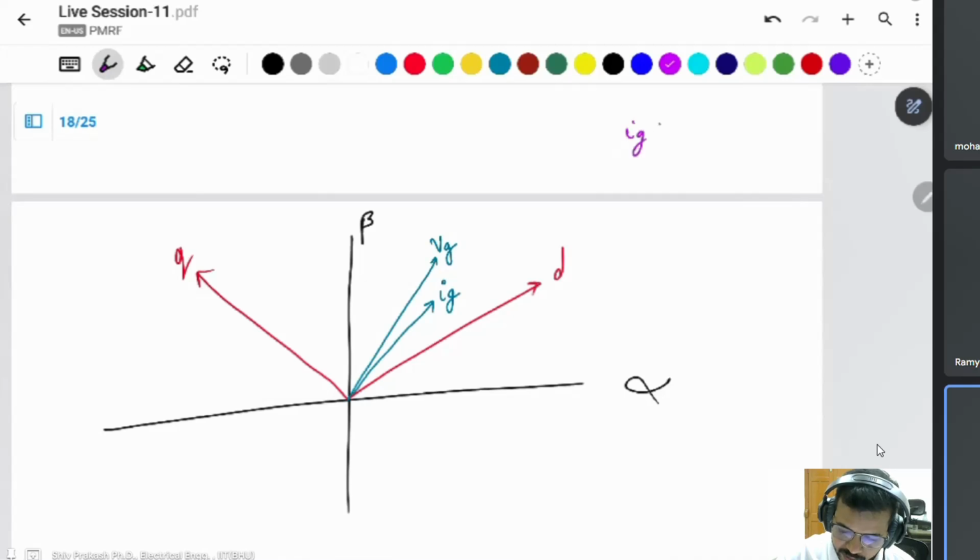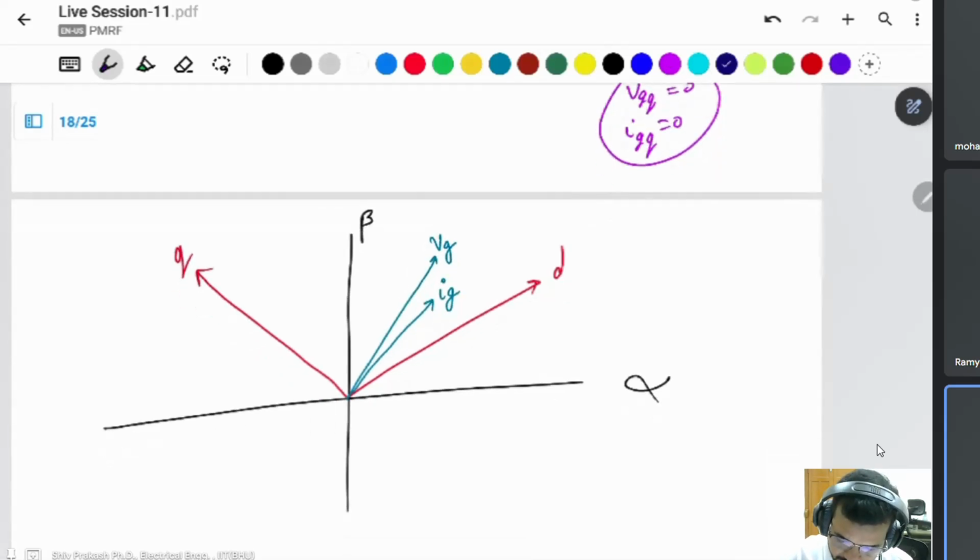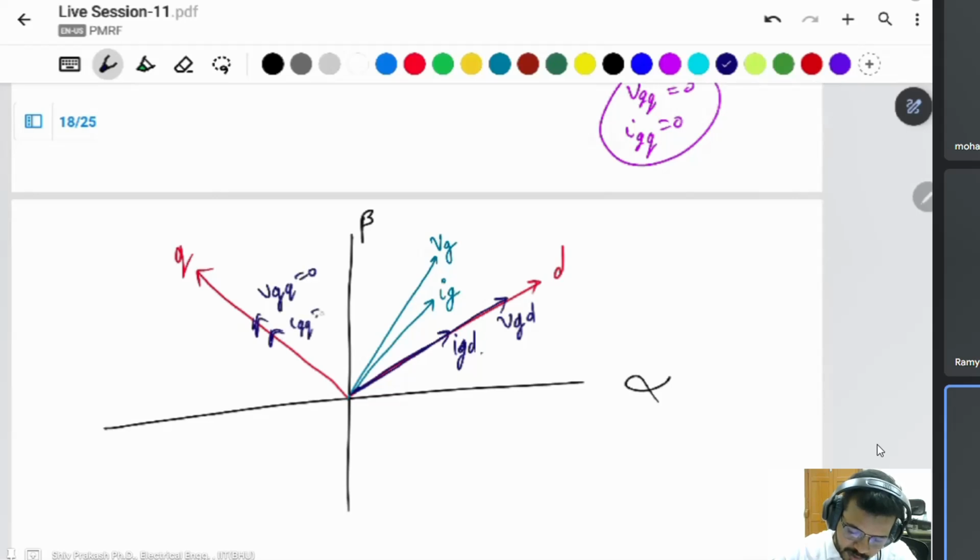Ig q axis is equal to 0. To neglect this one, if you do this, then Vg will be on the d axis, and Ig also is on the d axis only. The Vg q axis will be 0, and the Ig q axis will be 0.